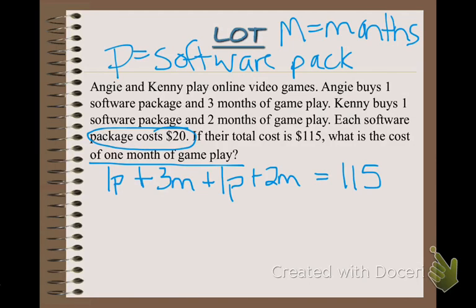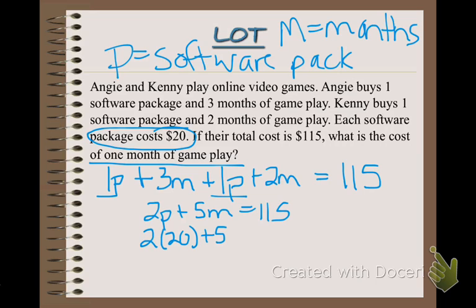Before I substitute in the $20, I am going to combine my like terms here. 1P plus 1P is 2P, 3M and 2M is 5M equals 115. And I know that the P, the software package, costs 20 each, so I can replace the letter P with 20 and solve my equation from there. 2 times 20 is 40.